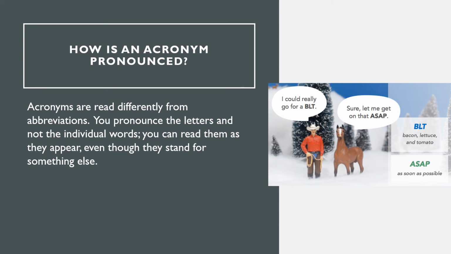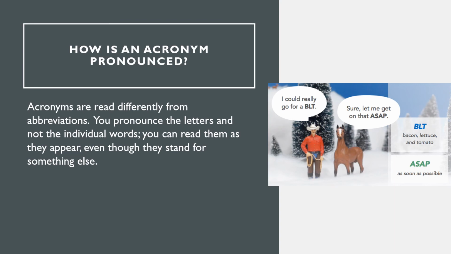And you can read them as individual letters, like BLT. You can read them as individual letters like A-S-A-P, which stands for as soon as possible, or sometimes you can read it as ASAP. You can blend the letters to create a word.